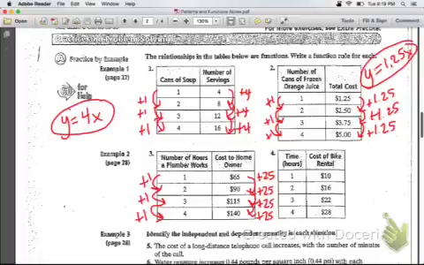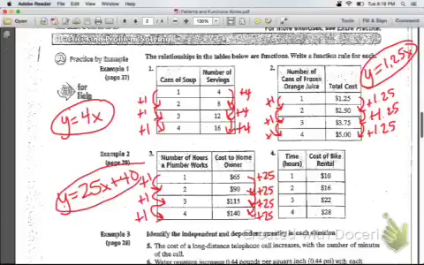And 2 times 25 is 50, and it looks like the difference there is 40, so I wonder if I take 25 plus 40, what would I get? And then take 3 times 25 plus 40, so let's try that. As a rule, 25x plus 40. And it works for all of them.